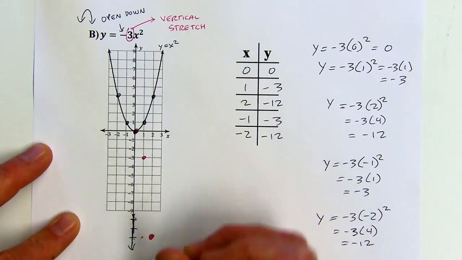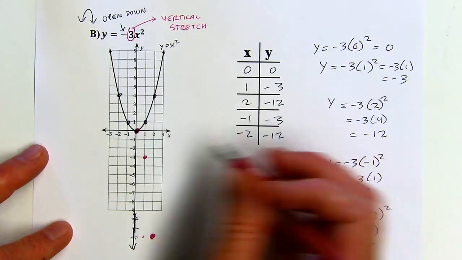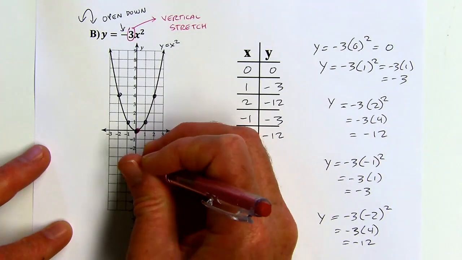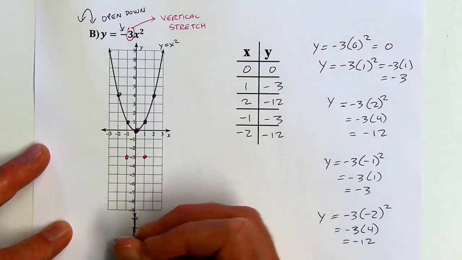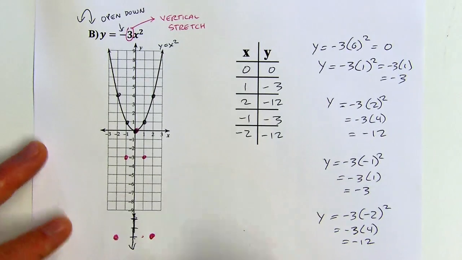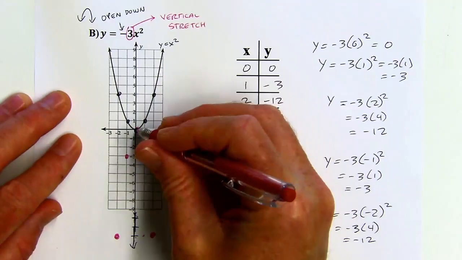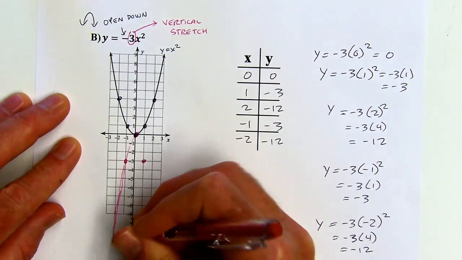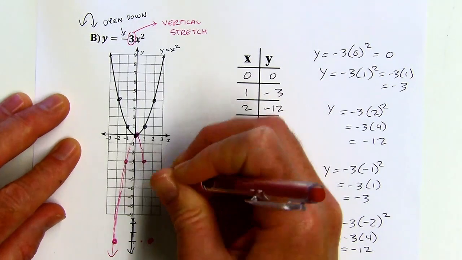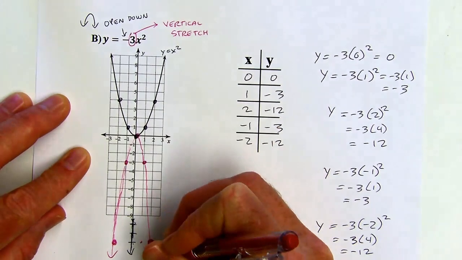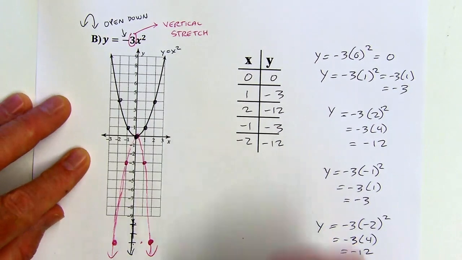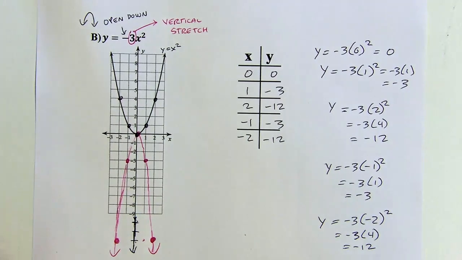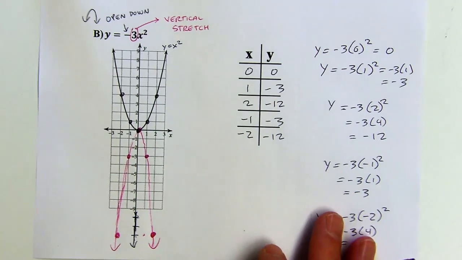This is 2, -12, okay? And then -1, -3, and -2, -12. Okay, and then let's draw this in. Something like that.